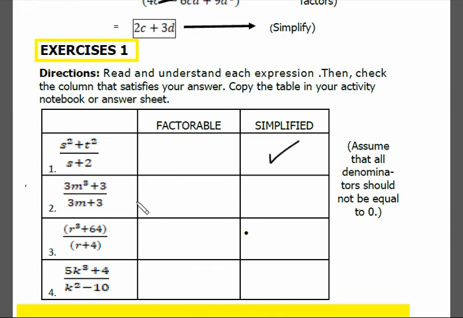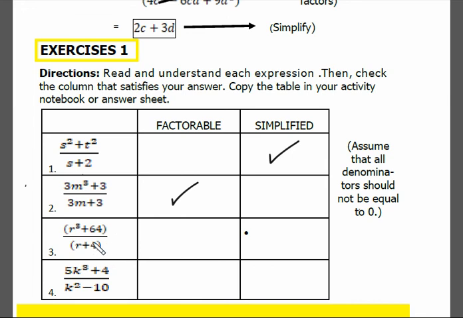We're done with 1. Number 2, we can take out 3 and 3. Then also here we can take out 3 and 3. So it's factorable. We're just instructed to check the column that satisfies the answer.